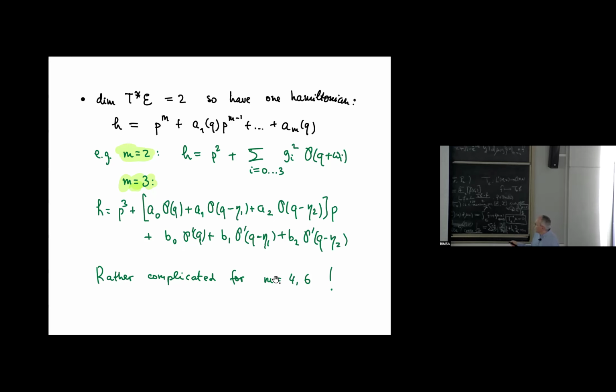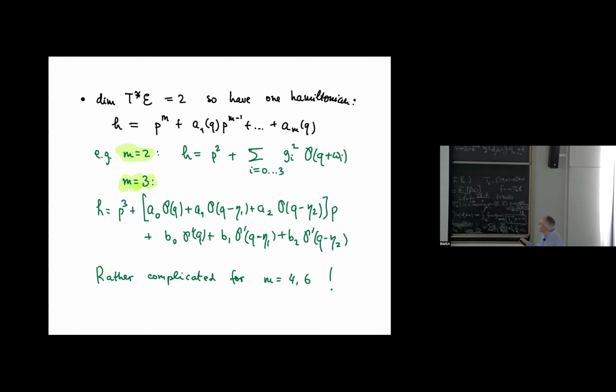But the Hamiltonians get very complicated for m equals 4 and 6, so I will not write them down. Initially, we had the formula for m equals 6, which takes about maybe 2 pages to write down. Now we have a more compact expression, but maybe I will have time to show it later.